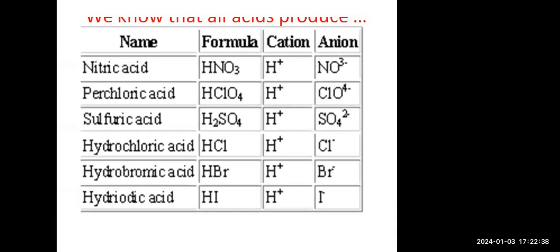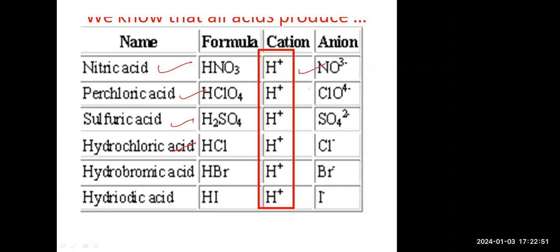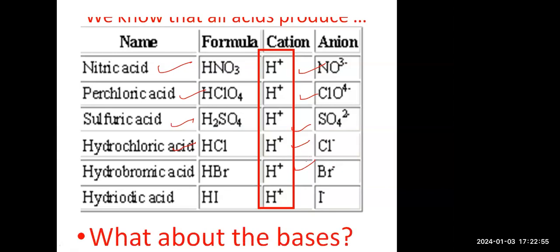All right. Now, so far we have discussed that all acids produce H plus ions. Whether it is nitric acid, perchloric acid, sulfuric acid, or hydrochloric acid, whichever acid you take, it will always produce H plus ions. So depending on that, we concluded that all acids have hydrogen in them.